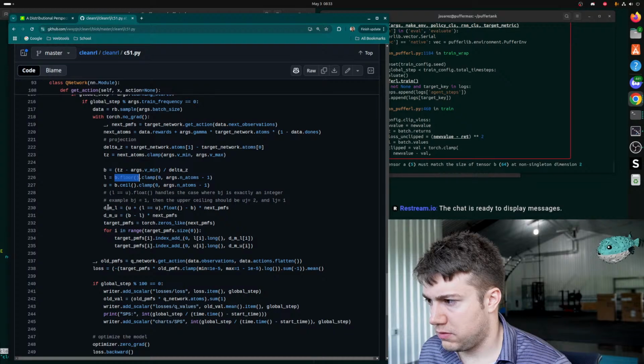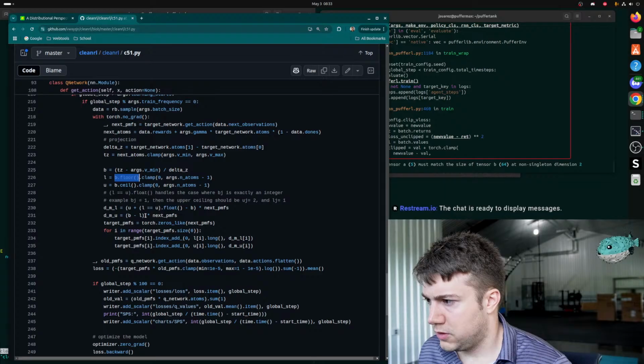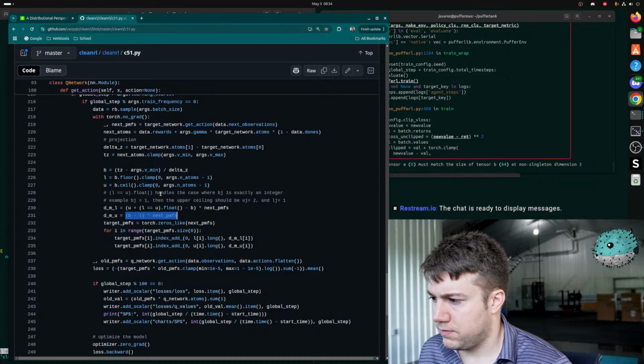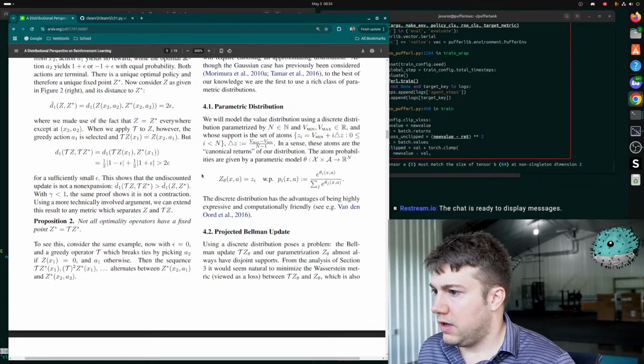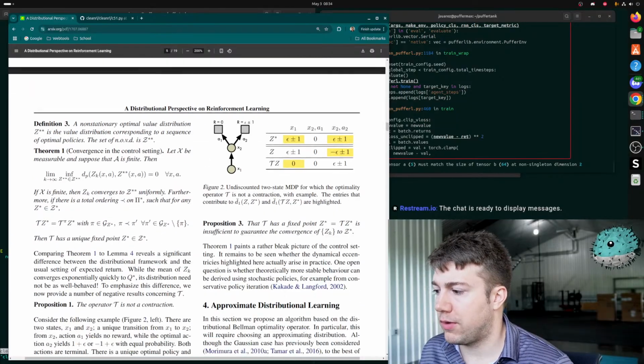And then it's a very fiddly operation. I'm having difficulty figuring out what the heck they're doing.